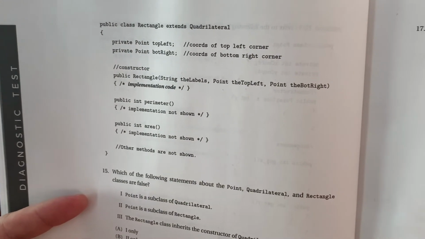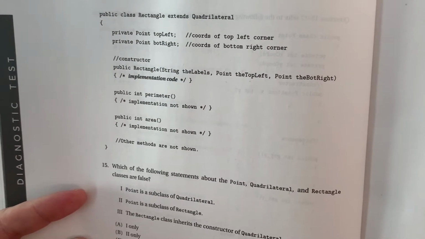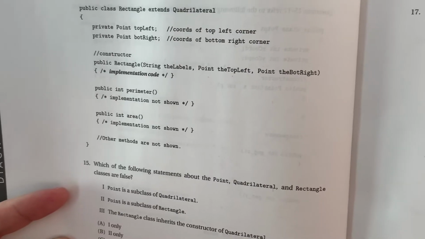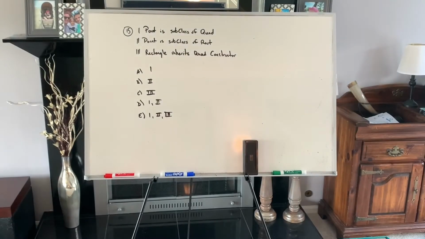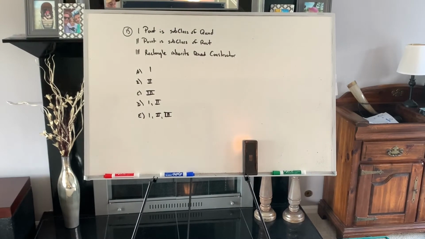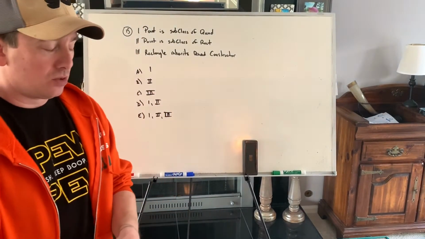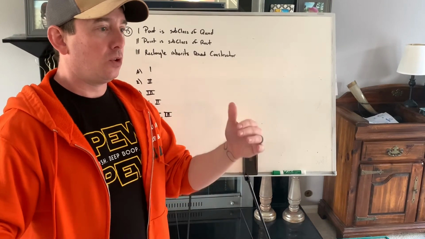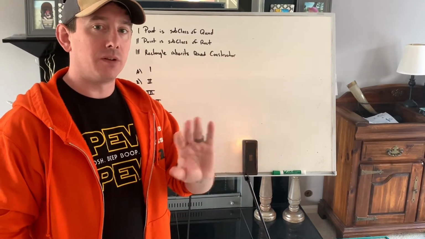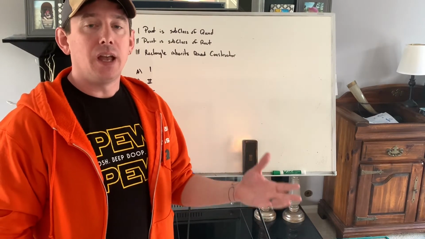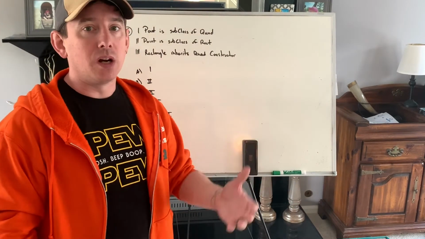However, you see that rectangle has its own constructor. Of course it does. You cannot inherit the constructor of your parent class. So you inherit everything from your superclass, but you don't ever inherit a constructor. Every subclass requires its own constructor.